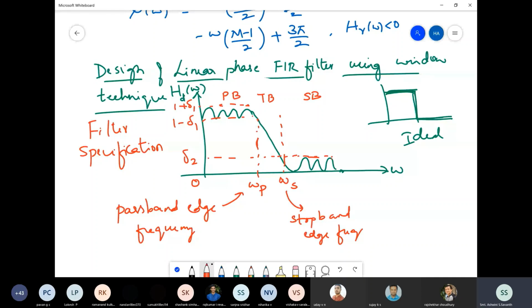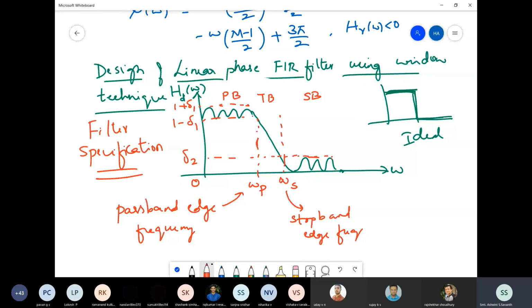This frequency response is quite obvious because for a low pass filter there is no other frequency response. So these 4 values, omega p, omega s, delta 1 and delta 2, are called the filter specifications, and they will be given to you in the problem.